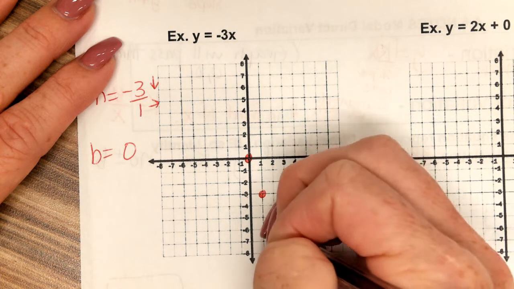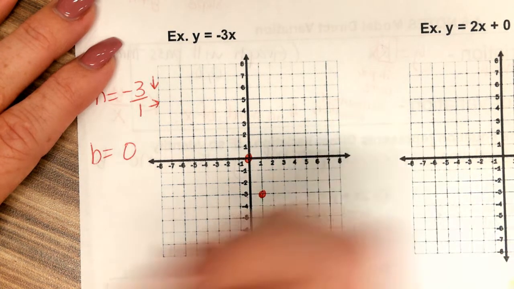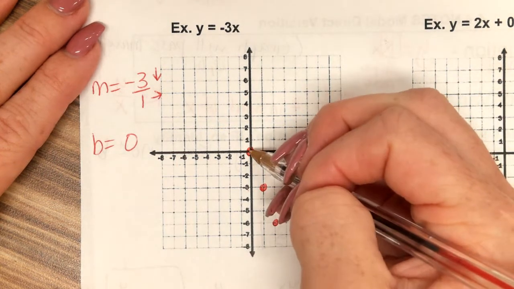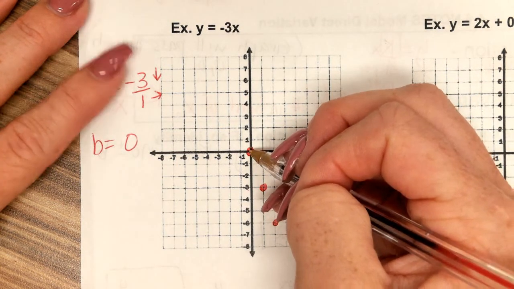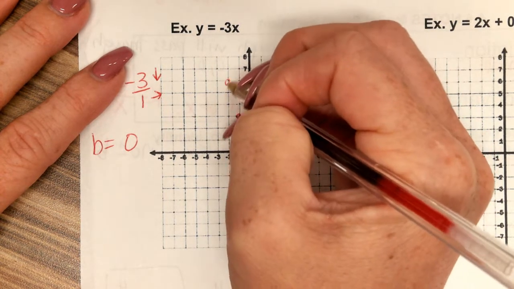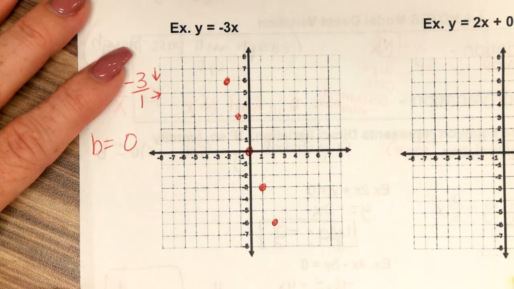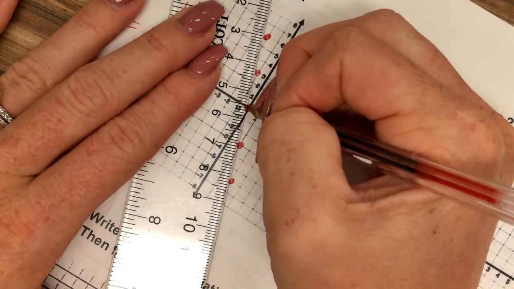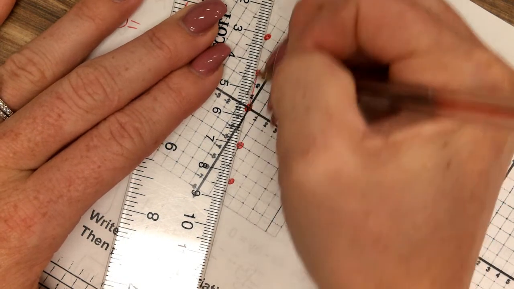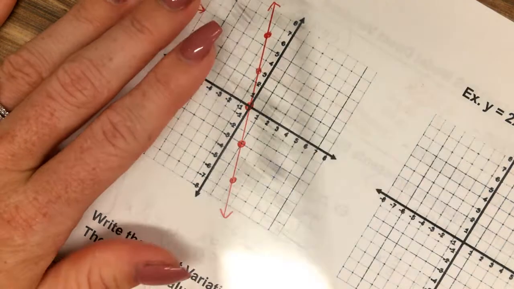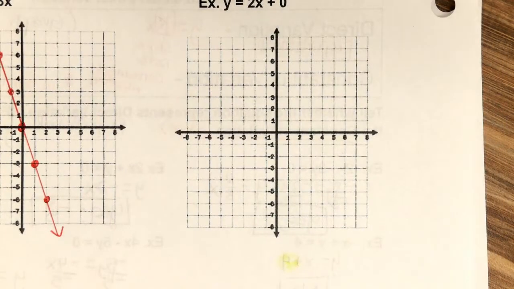Down 3, right 1. If I wanted to add more dots, I would go back to 0, and which way would I go? Up 3, left 1. Okay, try the next one on your own.